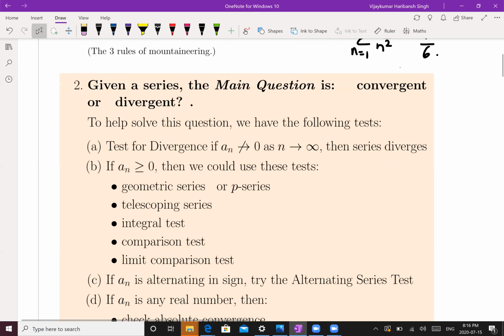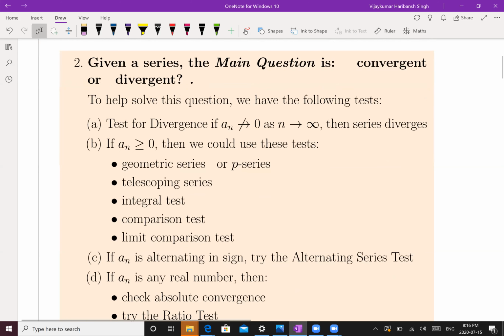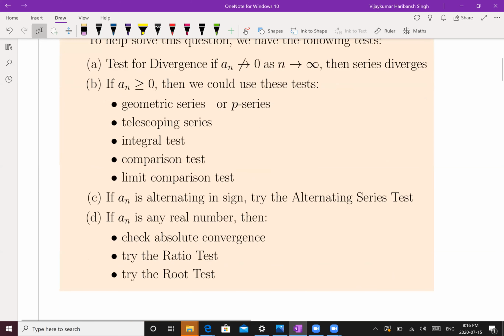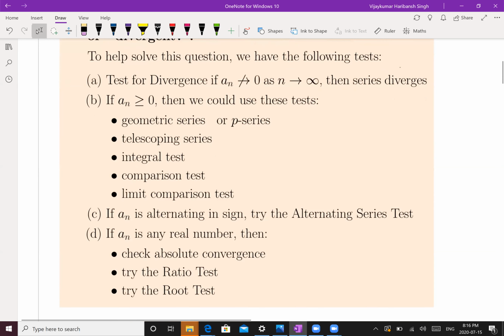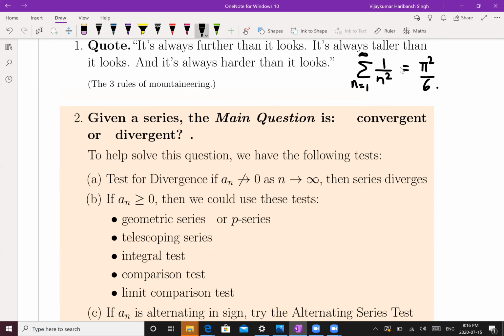So the first thing is to test very quickly for divergence. Note the following. One, if the limit as n goes to infinity of an is not 0, then the series diverges.